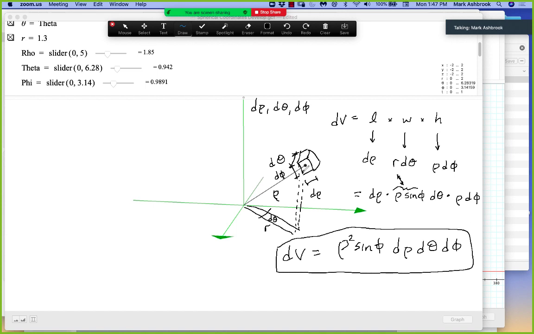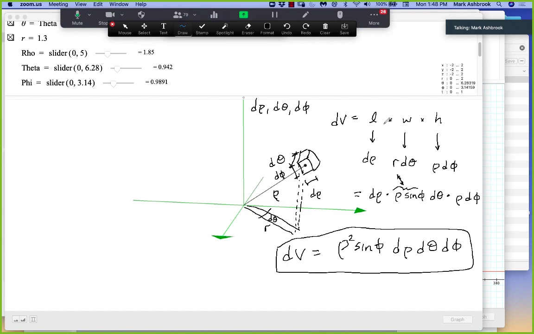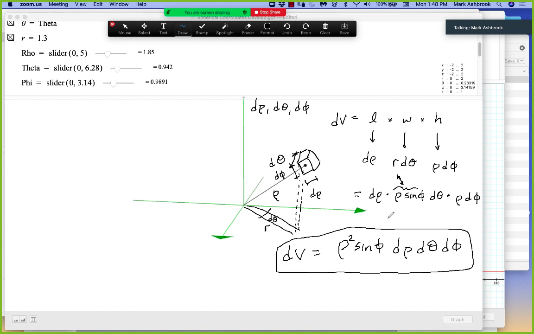I'm multiplying by the radius to get these little differentials in actual length, so I can do length times width times height to get the little dV. So r d theta, rho d phi, and then we change r into spherical coordinates. That gives us rho squared sine phi d rho d theta d phi, my differential of volume for spherical coordinates, and we're ready to write some spherical triple integrals now.